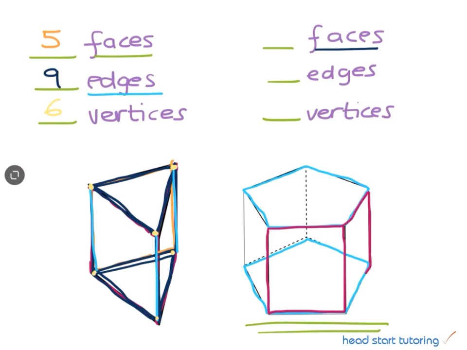Then we've got 4, 5, 6, and 7 faces all together. Right, so we have got 7 faces in our pentagonal prism. 2 of those faces are pentagonal bases, and 5 of those faces are rectangular faces on the sides.